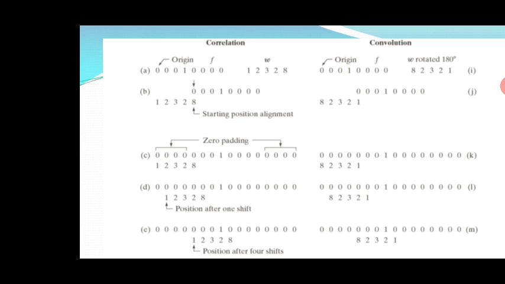The size of F depends on the coordinates, or the size of the image. It will be m rows and n columns. But your W will be fixed, like a 3 by 3, or 1 by 1, or 5 by 5, depending on the operation.